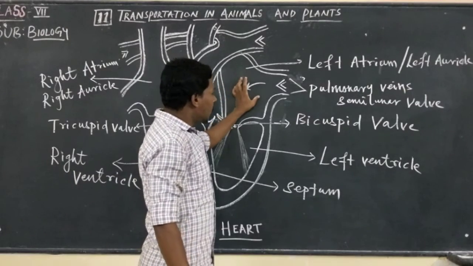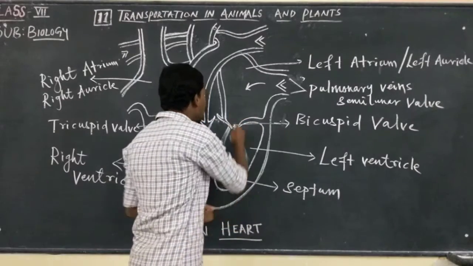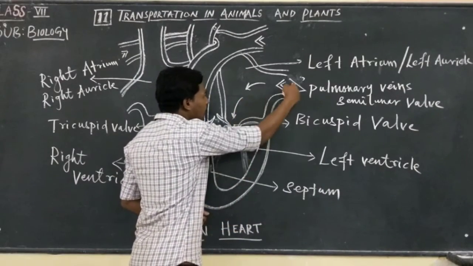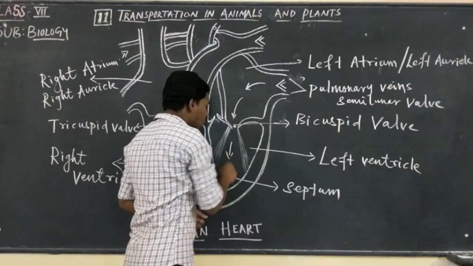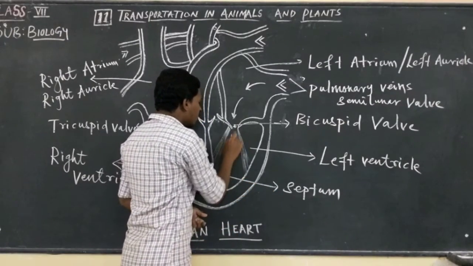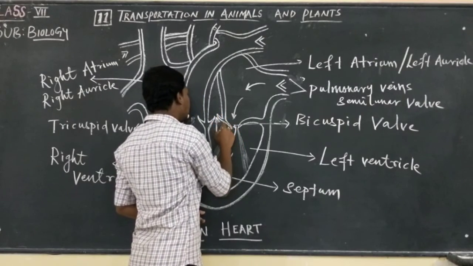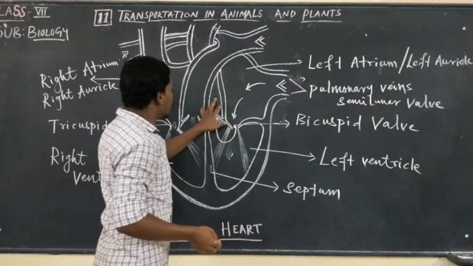Now this blood is going to be drained from the left auricle to the left ventricle. From the left ventricle the blood is going to be pumped to the aorta.